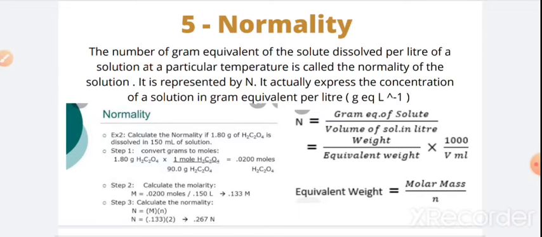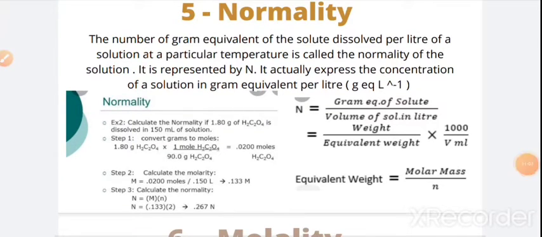Let's take the example which is given here. Calculate the normality if 1.8 gram of H2C2O4 is dissolved in 150 ml of a solution. Let's convert this ml into liter, that will be 0.15 liters. First we have to calculate the molarity of the given solution. In case of calculating the molarity, we just have to convert this gram into moles.